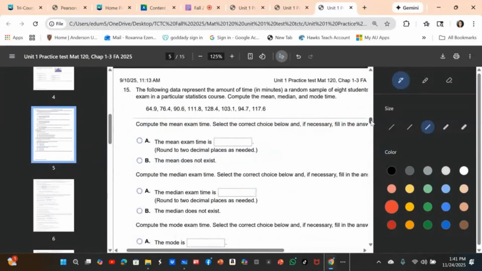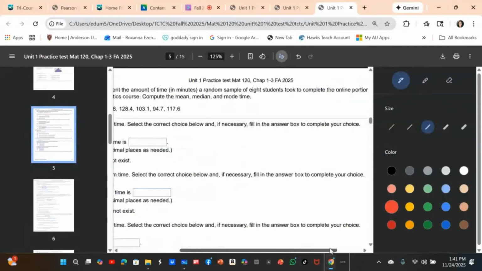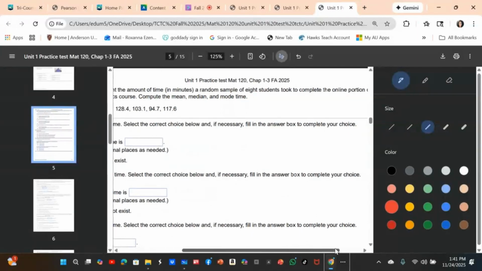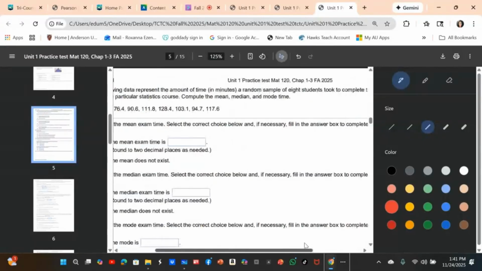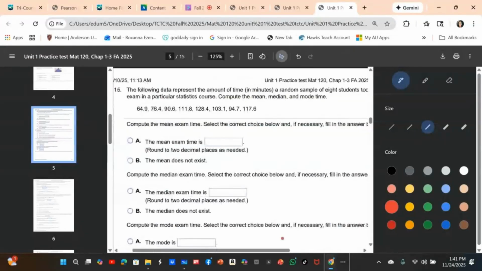The following data represent the amount of time in minutes a random sample of 8 students took to complete the online portion of an exam. So there are two parts of that exam. One is online, one is face-to-face.